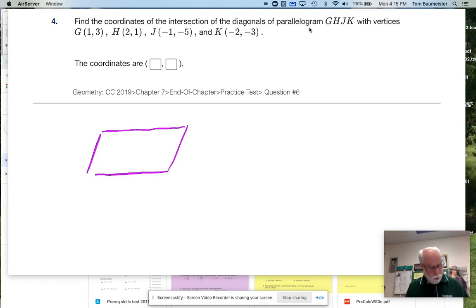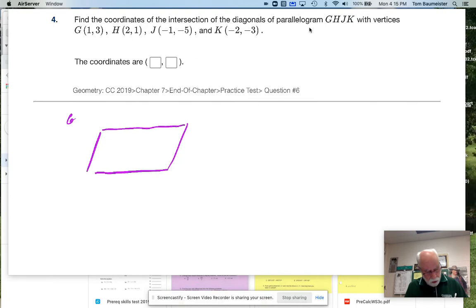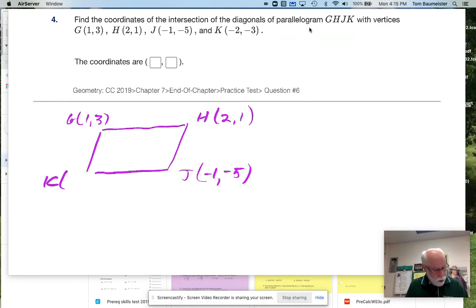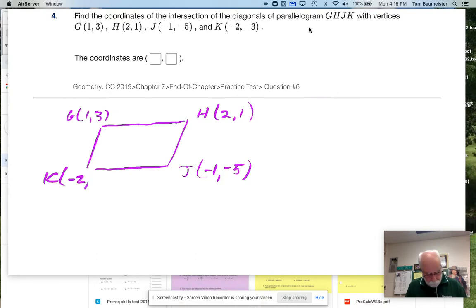It doesn't have to be perfect. And I said that G was at 1 and 3, H is at 2 and 1. And as long as you have them in order, it doesn't really matter where you start, to be honest. It won't look good if you were on a coordinate plane, but on this one here, it's okay.